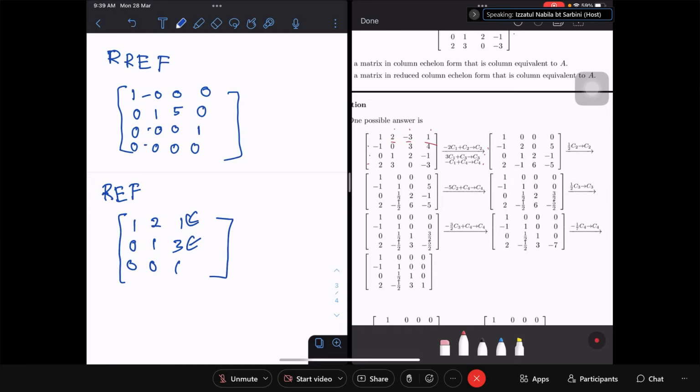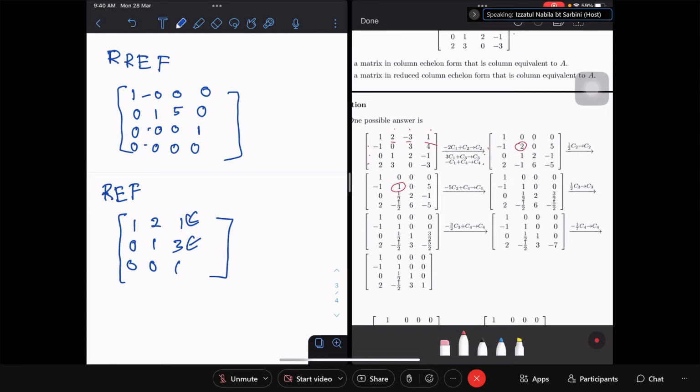Then you identify the leading one. The next leading one will be here, so you make it become 1. Then zero out anything below the leading one, because this is only column echelon form, not reduced column echelon form.